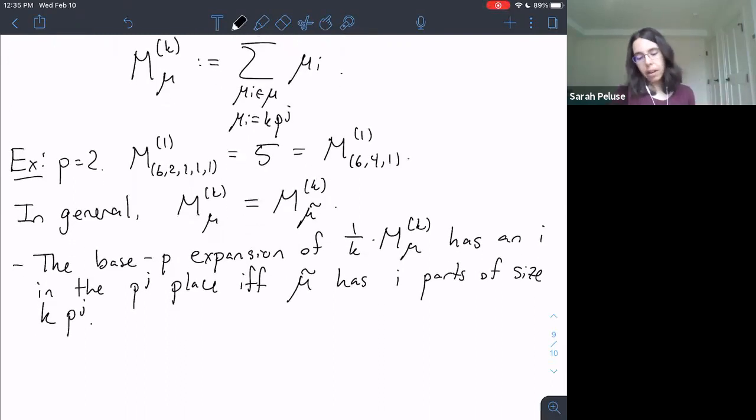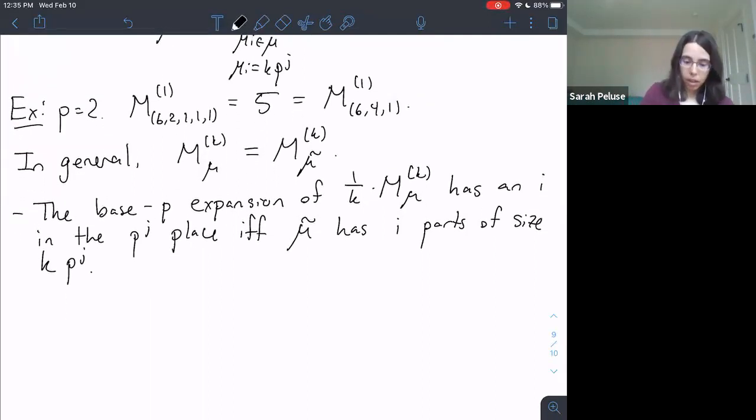So depending on what the fractional part of log k to base p is, showing that mu tilde has some large part boils down to showing that this partition statistic is large for some k.